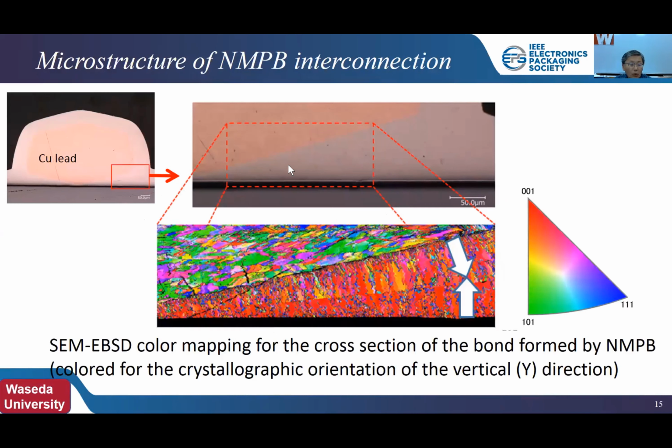These figures show the microstructure of the electroplated bonds, which is analyzed by using SEM and EBSD.